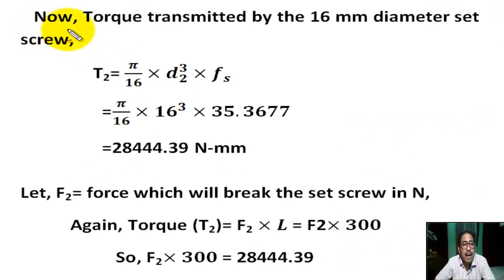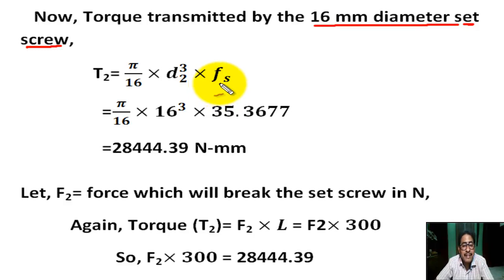In second case, now torque transmitted by the 16 millimeter diameter set screw, T2 equal to pi by 16 into D2 cube into Fs. D2 equal to diameter of set screw, value 16 millimeter.